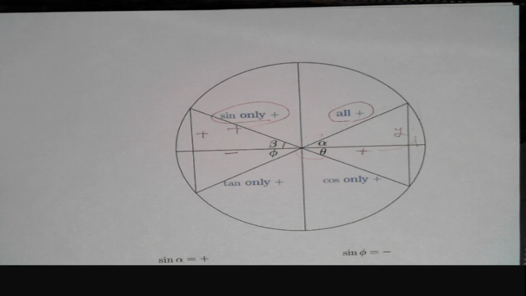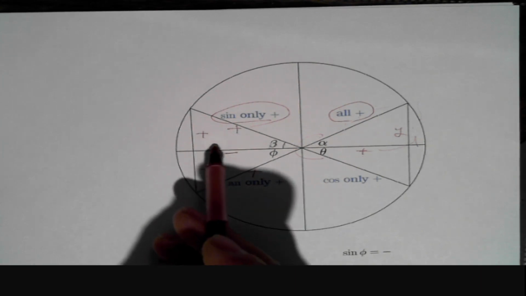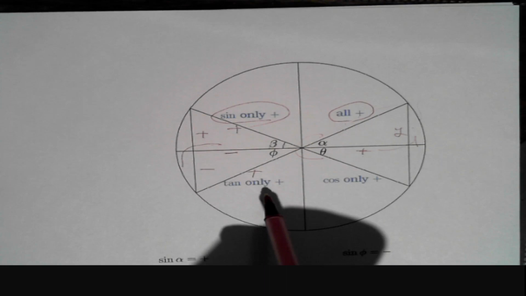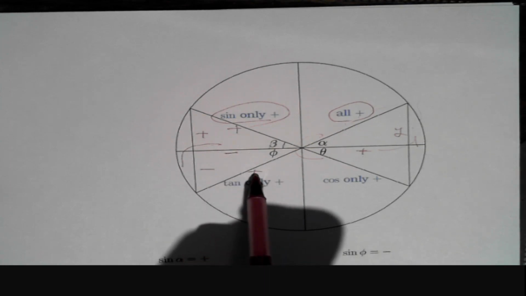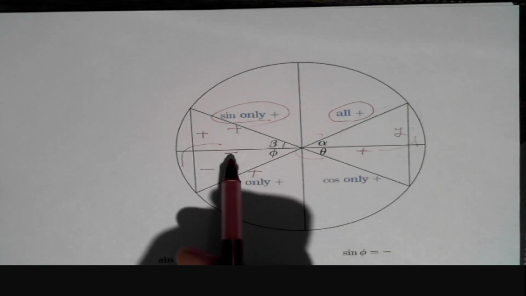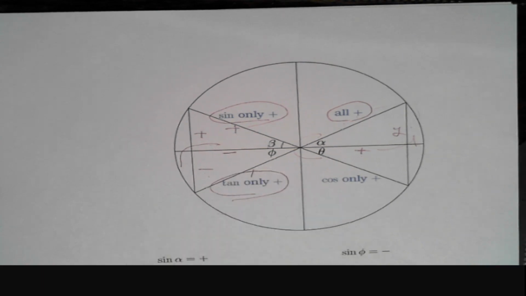And in the same token, here in the third quadrant, x is negative and y is negative. So which one will be positive? Only negative over negative, right? Positive over negative makes a negative, negative over positive makes a negative. Sine and cosine are negative, so only tangent will be positive in the third quadrant.